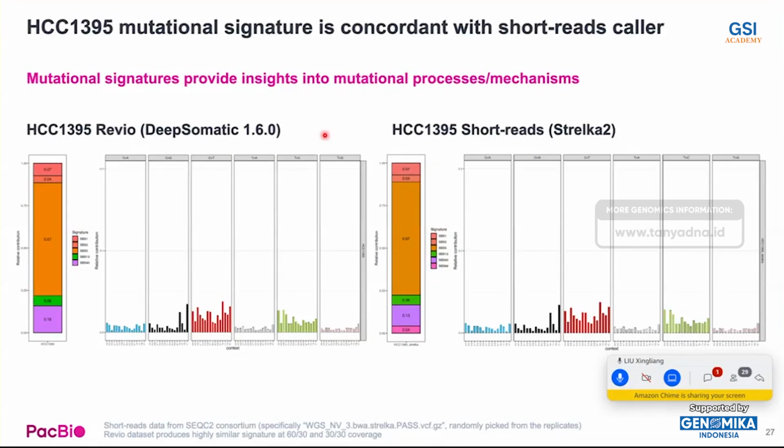Okay, next is mutational signature. First of all, we tested the mutational signature decomposition algorithm in our pipeline and compared it with the known signature derived from the short read data. We found they are highly concordant with each other.